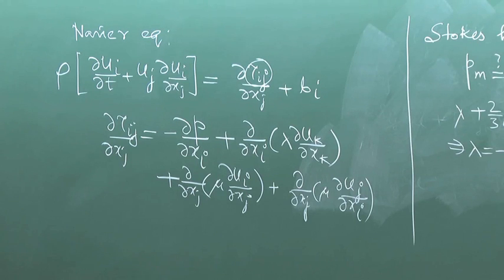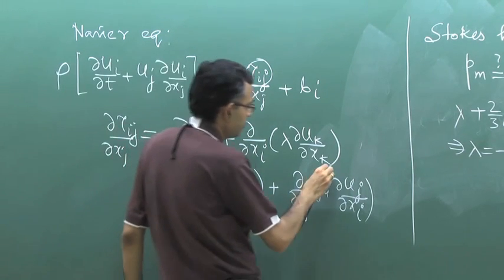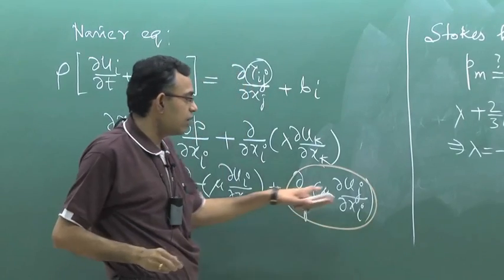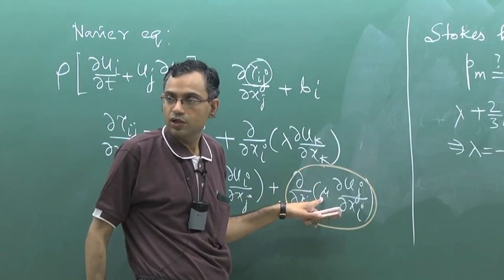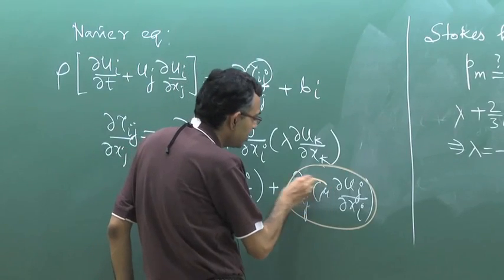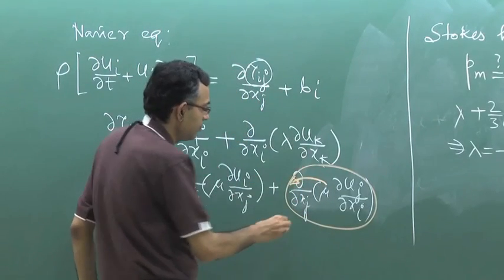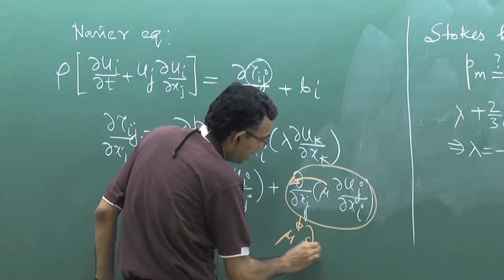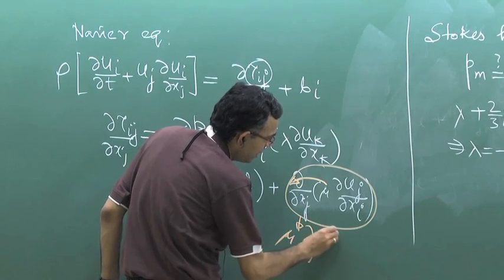Now, we will make a little bit of simplification to this term. What is the simplification? First simplification is, it is a homogeneous fluid we have considered. So, mu is not a function of position. If mu is not a function of position, this will come out of the derivative. So, you can write this as mu del xj of del uj del xi.